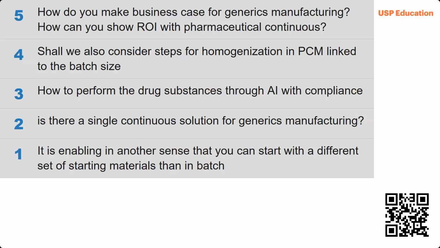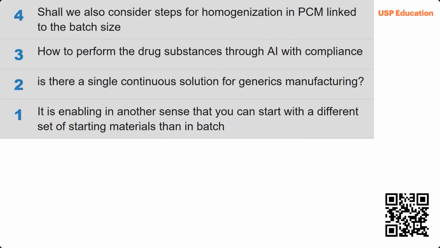Shall we consider steps for homogenization in PCM linked to the batch size? What would you say, Rohit? I'm not sure I get this question. Steps for homogenization, I mean, maybe you have homogenization steps in the process train.